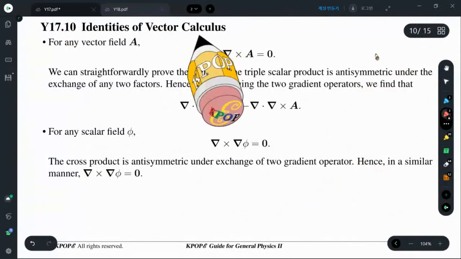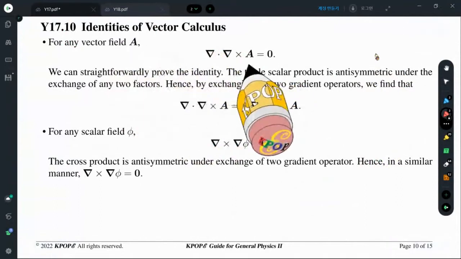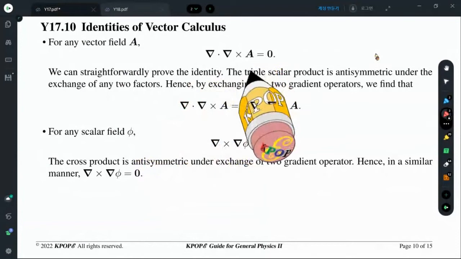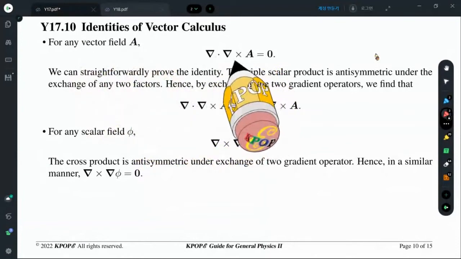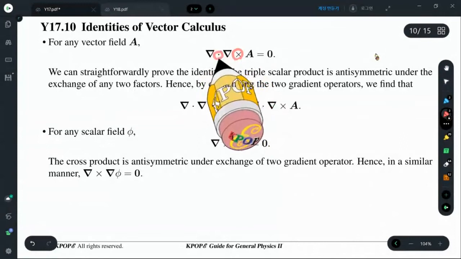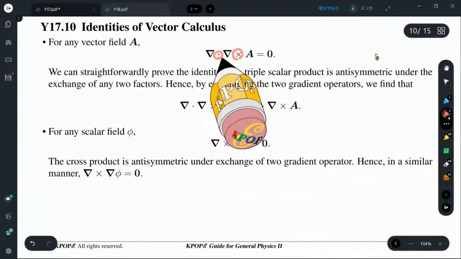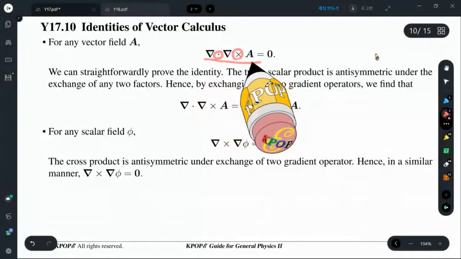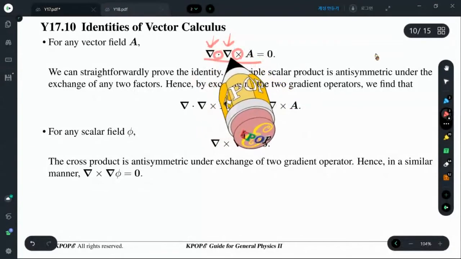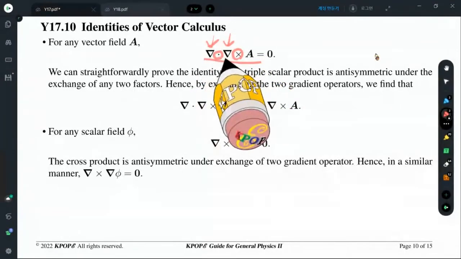Now, let us review the simple vector algebra. For any vector field, we can compute curl and apply the scalar product. It looks like a triple scalar product. We have two operators of the same shape.